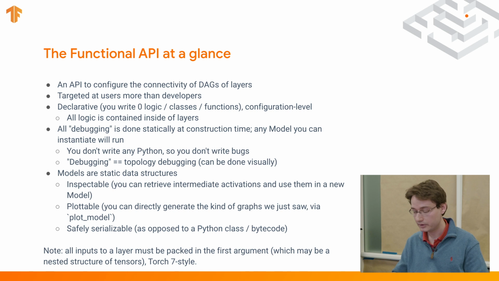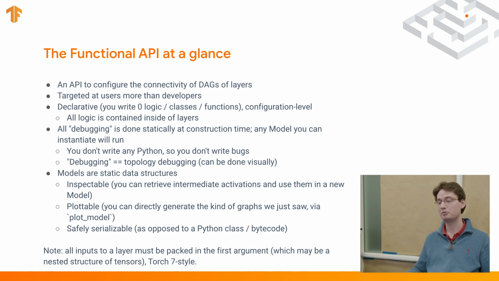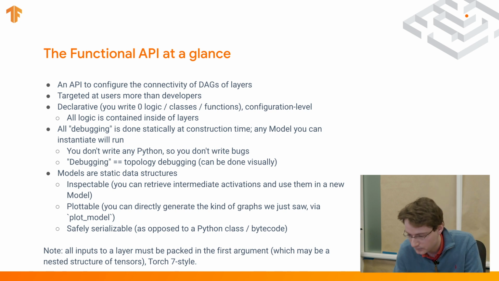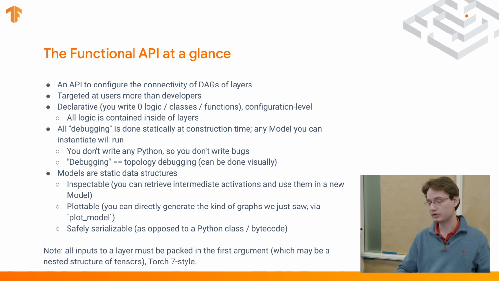There's one very important restriction when you're writing layers that should be compatible with the functional API, which is that all the inputs of your layer should be contained in the first argument. Meaning that if you have multiple inputs, you should use a list or tuple argument, or maybe a dictionary argument if you have many inputs and they have names.